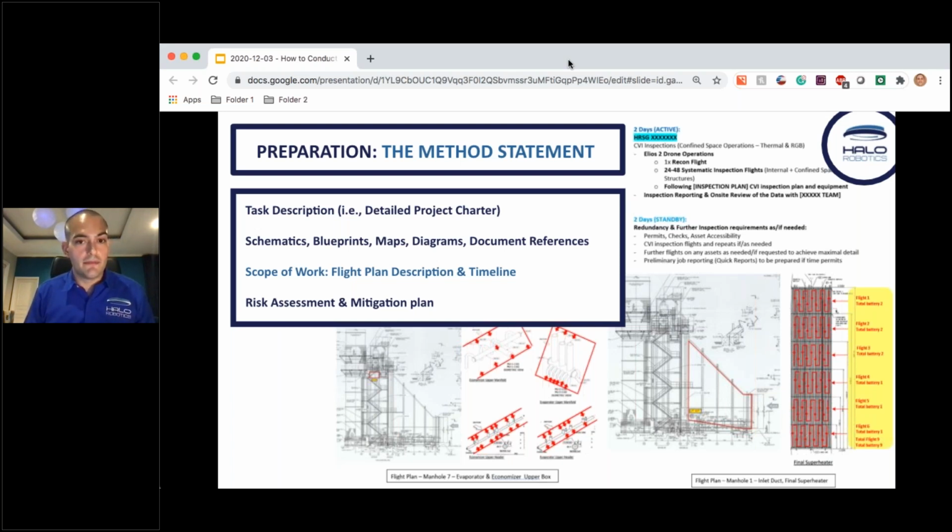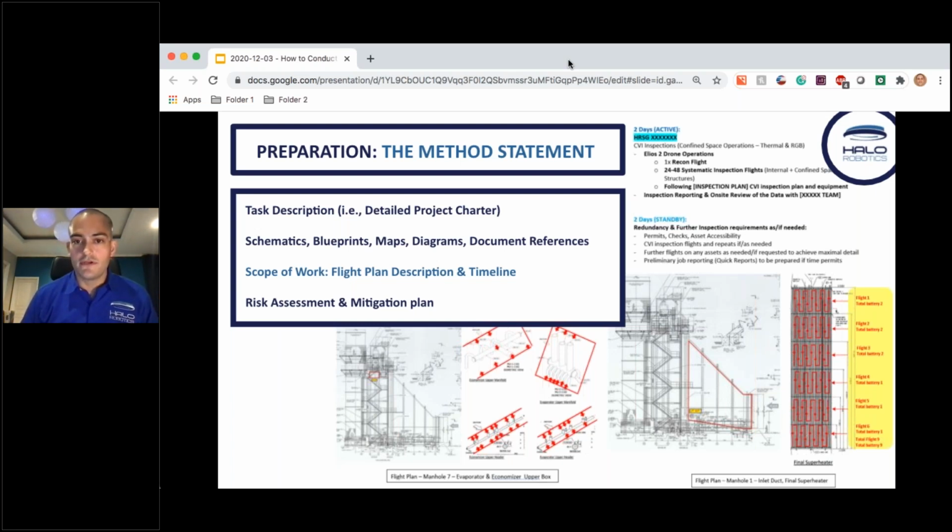So we know exactly how many batteries, how many flights, and what number of the flight. So if we see a defect in the inspection imagery later, we can actually localize that. We know that photo is from flight number 104 in X area. So we can localize that information later.